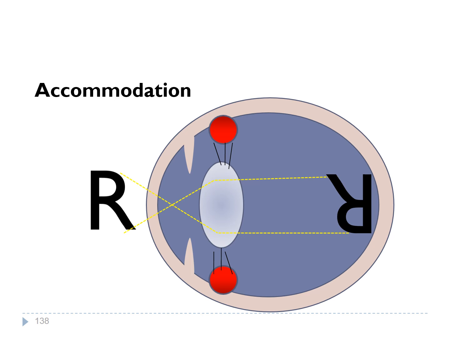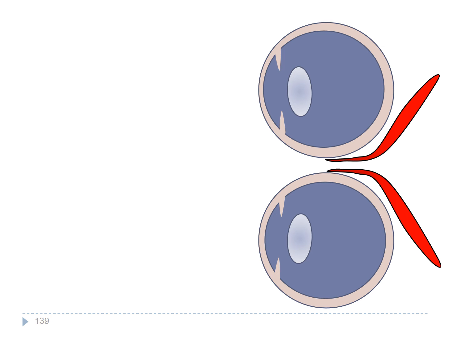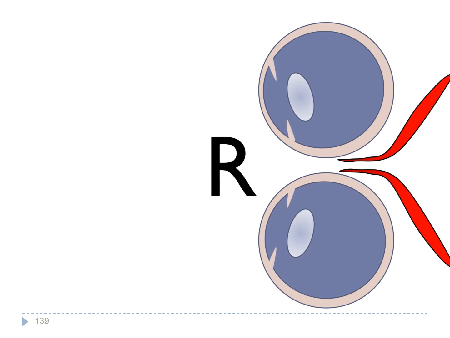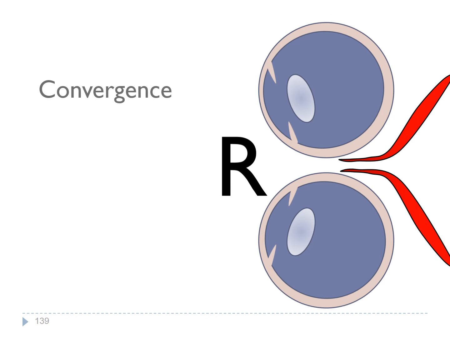Because this object is now closer to us, we can also constrict the pupils, reducing the amount of extraneous light entering the eye. What's more is that when objects move closer to us, both of our eyes will tend to converge on that object. That is accomplished by the contraction of the medial rectus muscles.